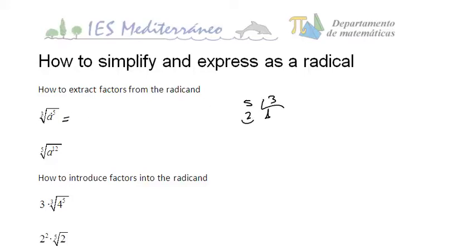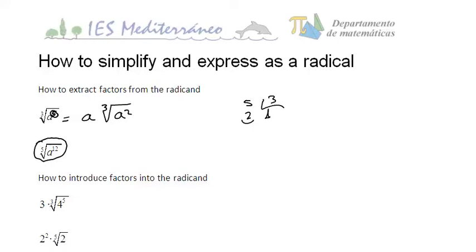So it's like taking groups. From this 5, we take a group of 3 out, and then we leave 2 inside the radical. Okay, so now please try to do it.